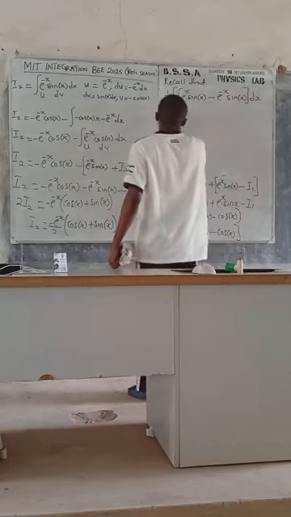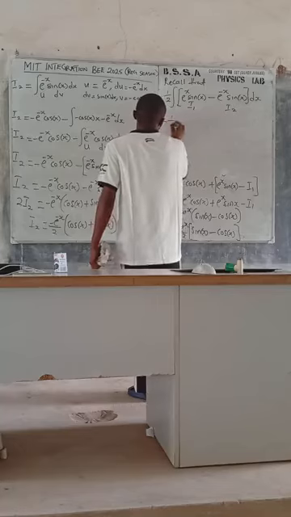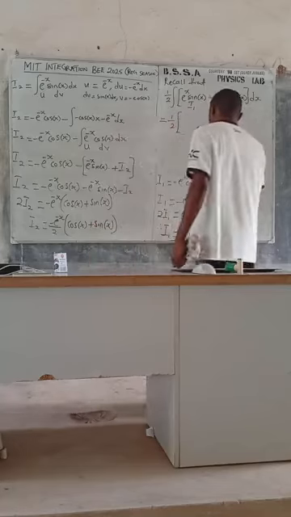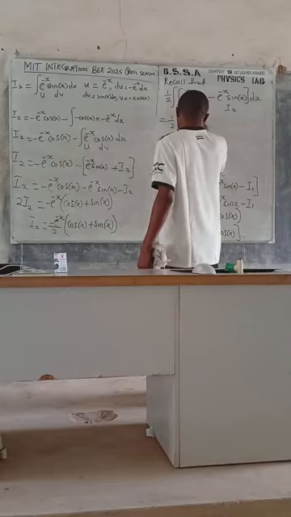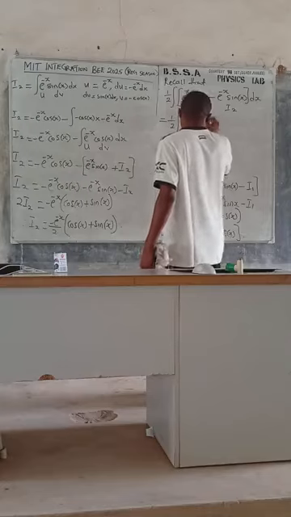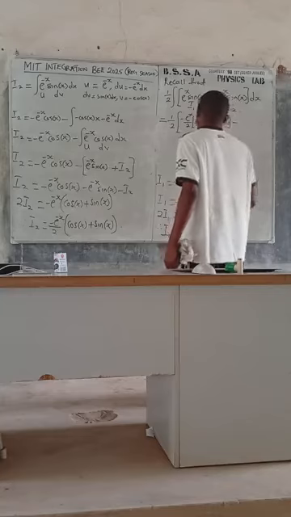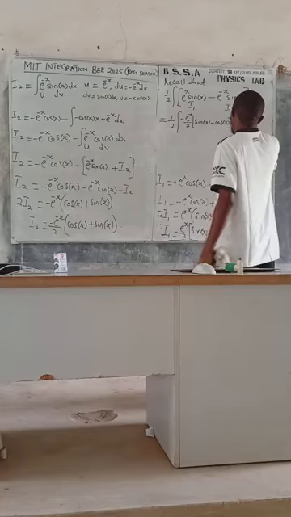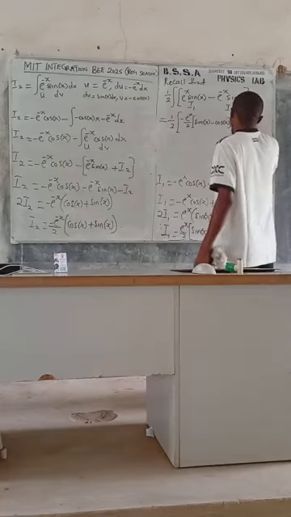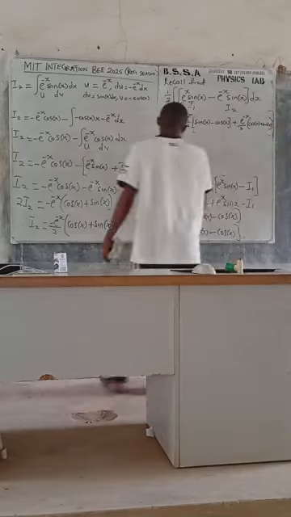This was when we had, before we named the first integral as I1 and the second integral as I2. So our final result will be, what do we have for I1? I1 is e to the power of x over 2, open a bracket, sine of x minus cos of x. Then minus, what do we have for I2? Minus becomes plus. So what we have there is e to the power of minus x over 2, open a bracket, cos of x plus sine of x.